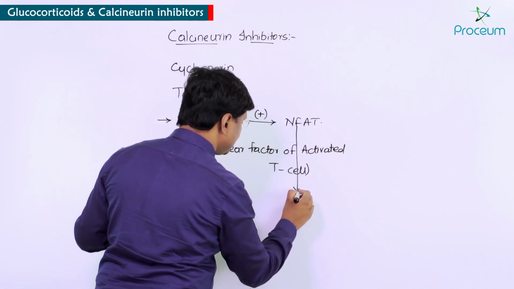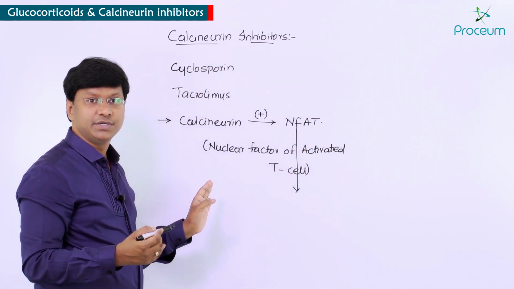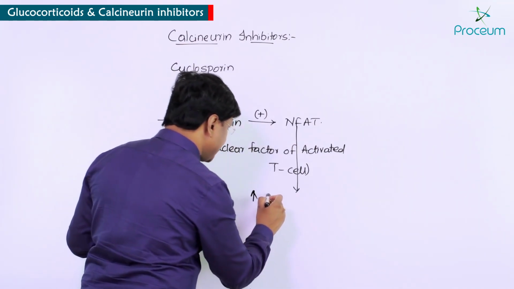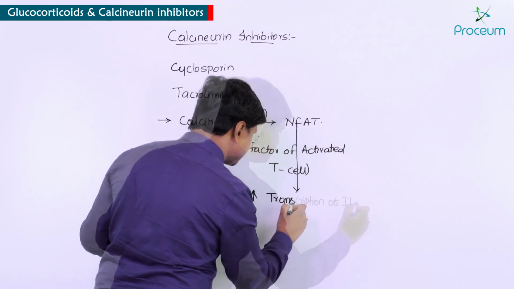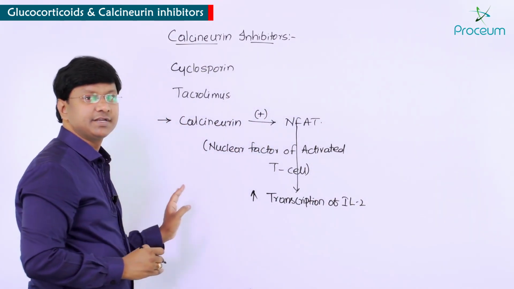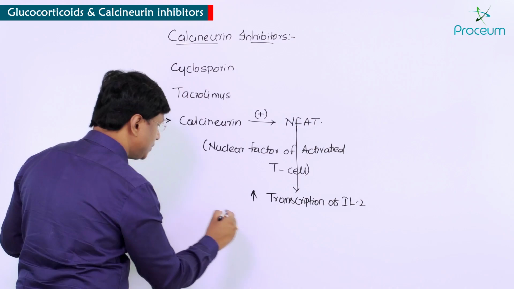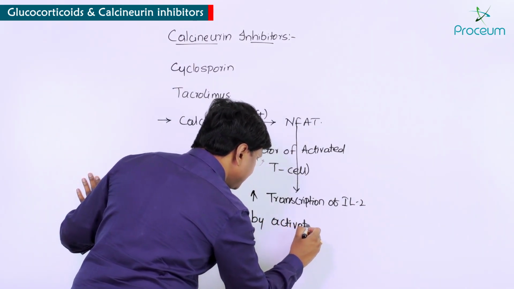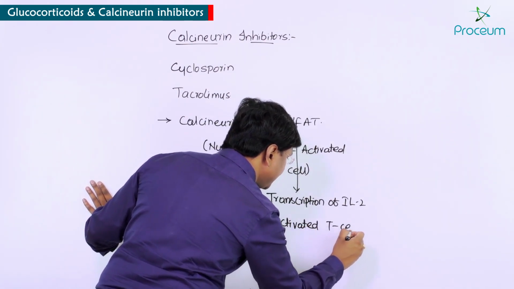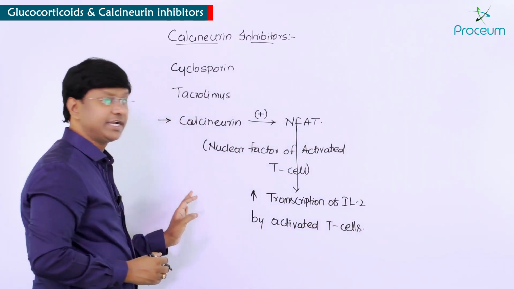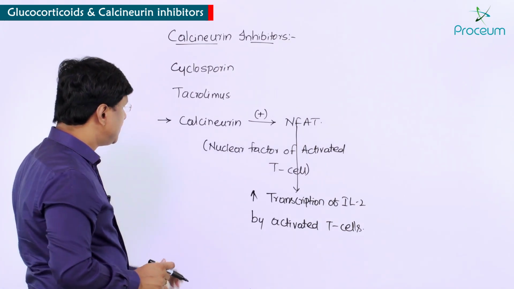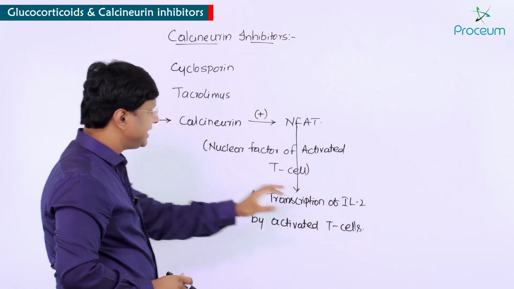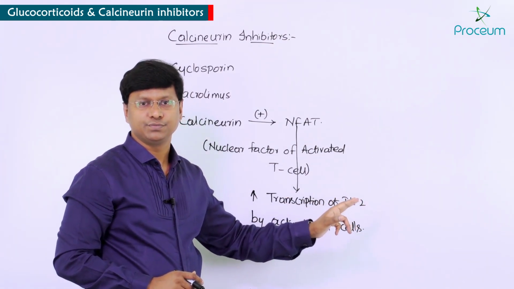So the activated NFAT increases the transcription of interleukin-2 by activated T cells. So if calcineurin is there, then there is increased production of interleukin-2.